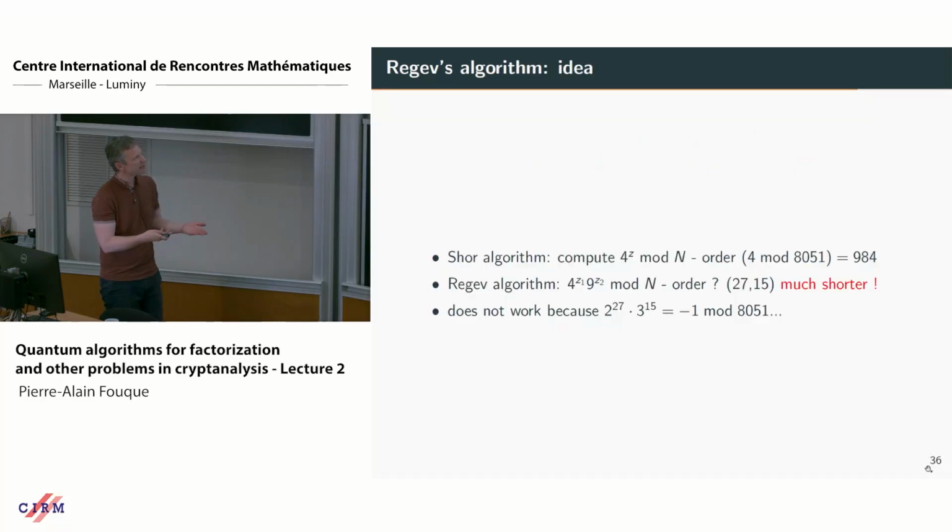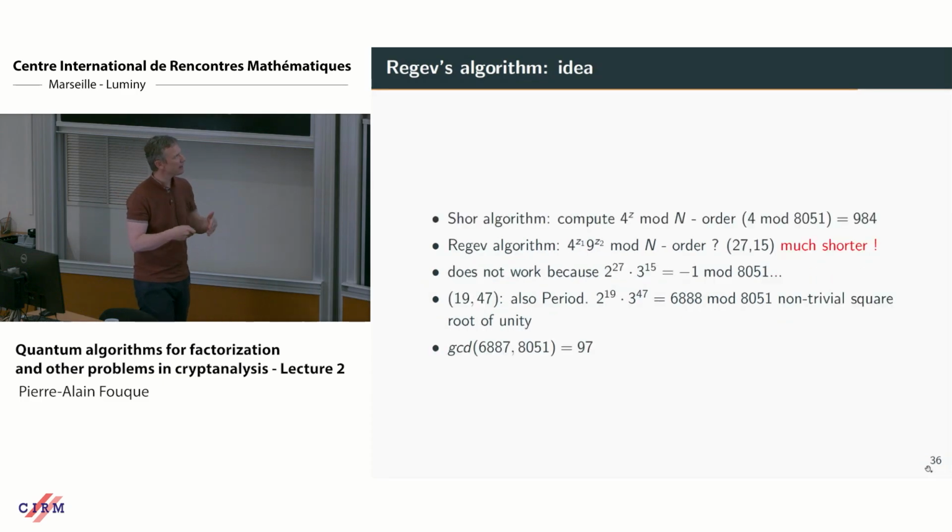But in my case, you can see that sometimes it does not work. And exactly that's the case here. I obtain -1. And -1 is a square root of unity, but it's not a non-trivial square root of unity. However, it's not a big deal. I can try to find another period, and I can find that one. It's not as short as this one, but it's also short. And in fact, here I recover something that allows me to factor.